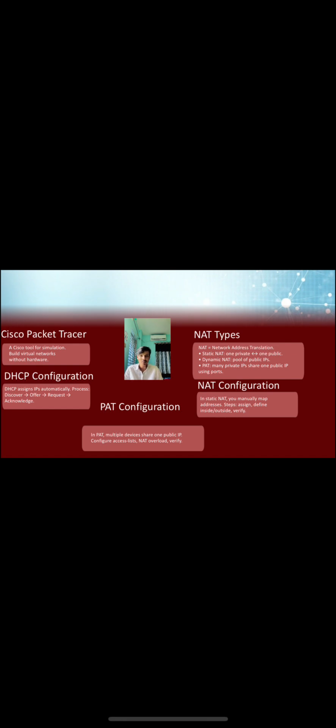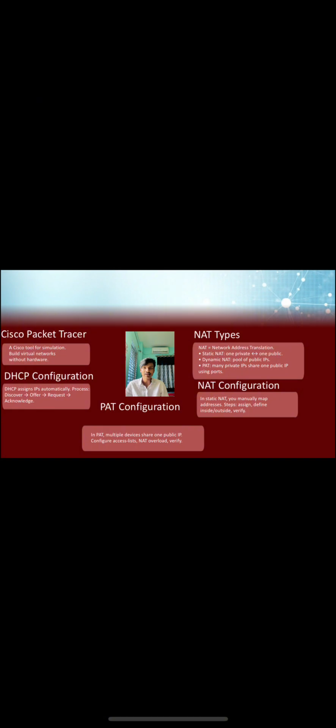PAT, port address translation, also called NAT overload. Multiple private devices share one public IP using different port numbers. Why NAT matters? Saves public IPs, adds a basic layer of security, makes internal addressing flexible.